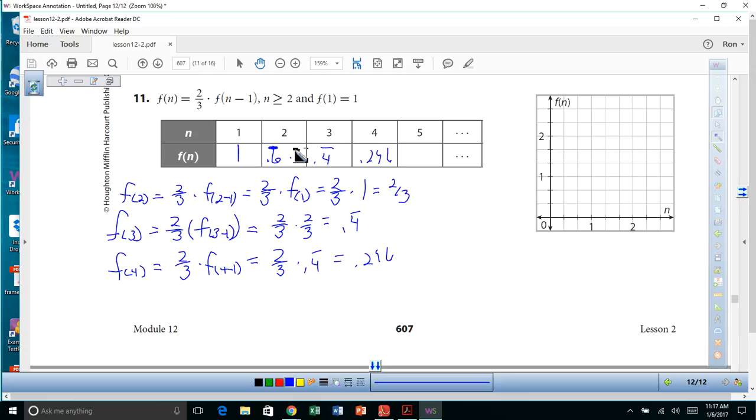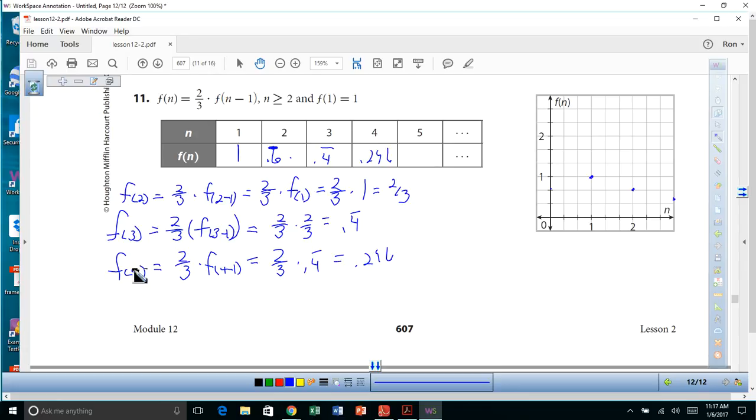So let's see, 1 was 1. 2 was 0.6. And then 3 was 0.4. There you go, right there.